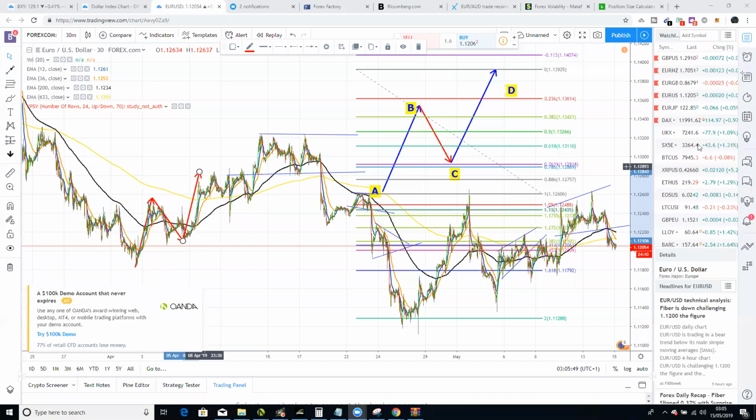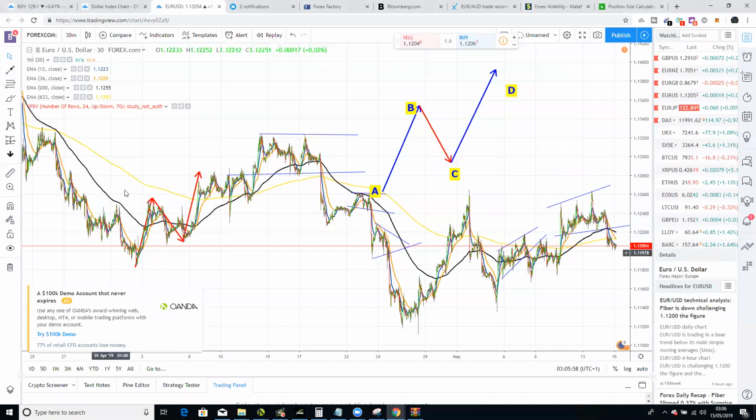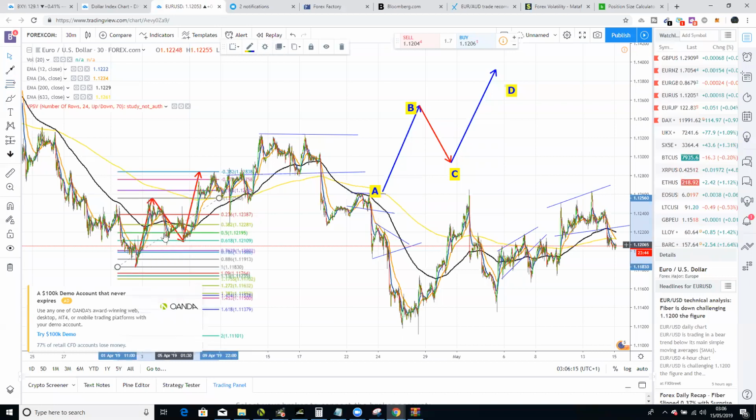right? Because if I employ, let me take the Fibonacci and employ it on there just now, right? If I employ my Fibonacci tool on this particular price level, now you can see that we have a retracement back to 61.8, right? In fact, we cut below that 61.8 in this case right here.